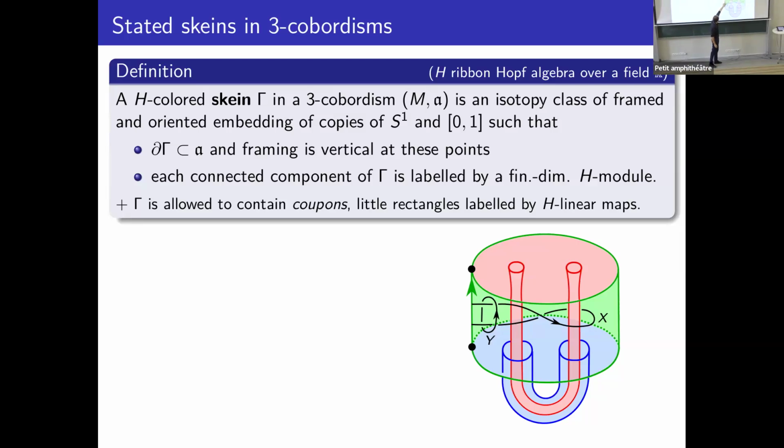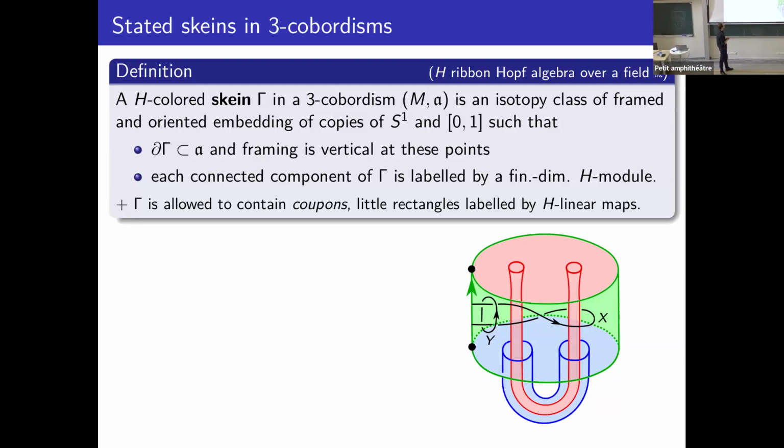Okay, so here you have the endpoints of the embedded intervals. You also have circle components. Okay, framing means that you have a little thickening of all of this. It is not just strands, it is ribbons. Okay, and then the second condition requires that the framing is vertical at the arc. It means that if you have a ribbon, the ribbon will arrive like this at the arc, cut at the arc transversally.